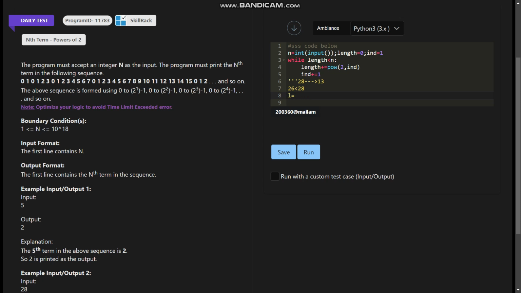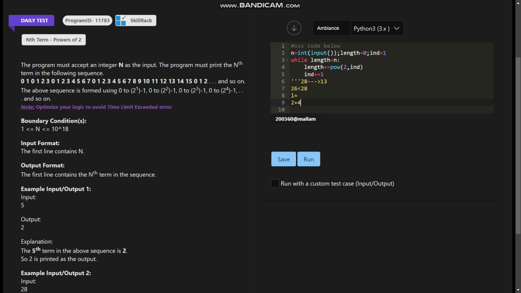Am I adding it correctly? 2 plus 4, 6. 6 plus 8, 14. 14 plus 16, 30. Have I done it right?